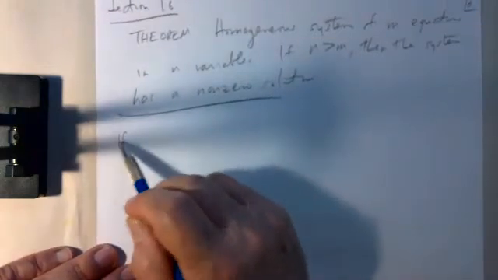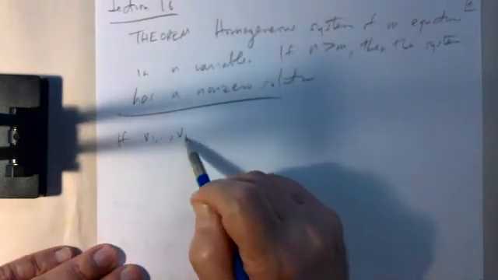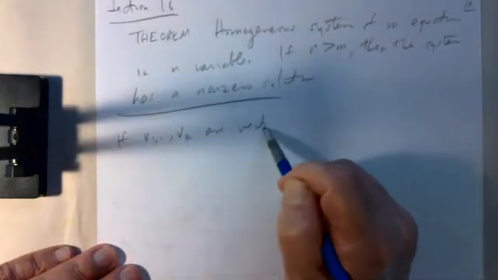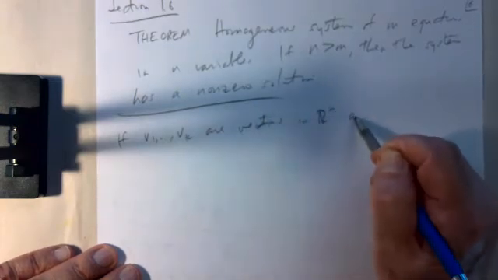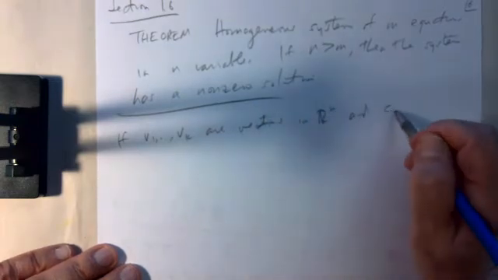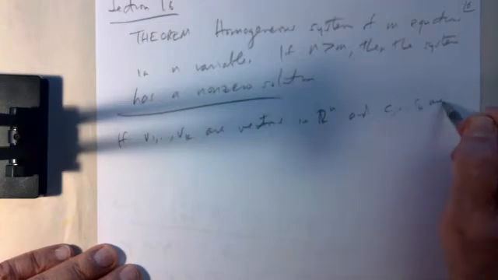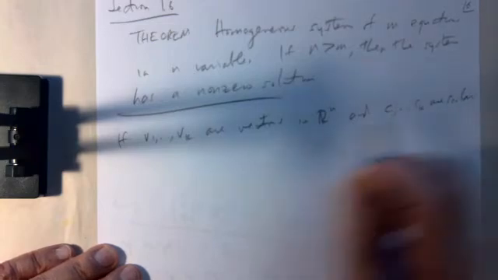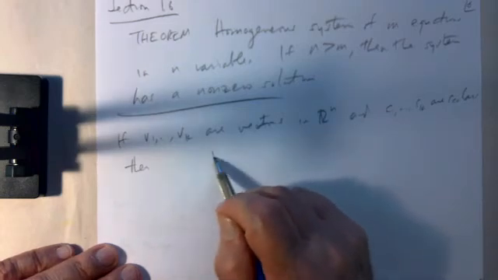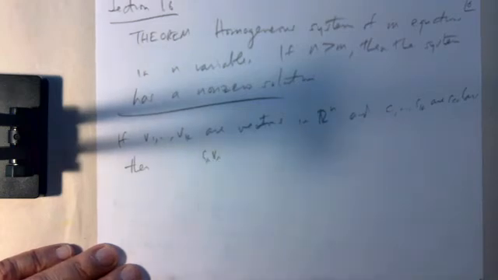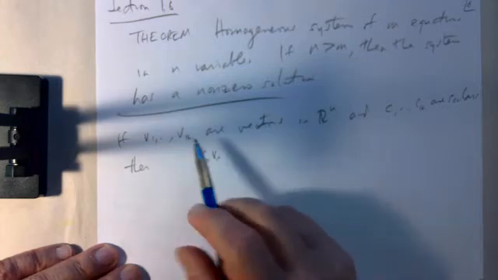So remember, we've defined a linear combination of vectors. If v1 up to vk are vectors, let's say in Rn, and c1 up to ck are scalars, then I can take the ith vector v sub i and multiply it by the scalar c sub i, for i going from 1 up to k.